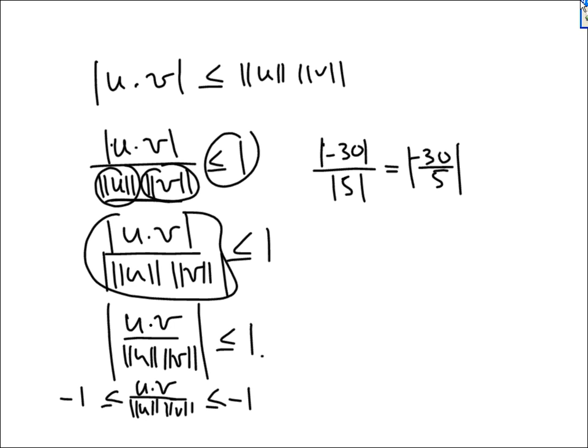After all, if you ignore the signs of numbers between negative 1 and 1, you get numbers between 0 and 1. If the absolute value of x is less than 4, that means x is in between negative 4 and 4.